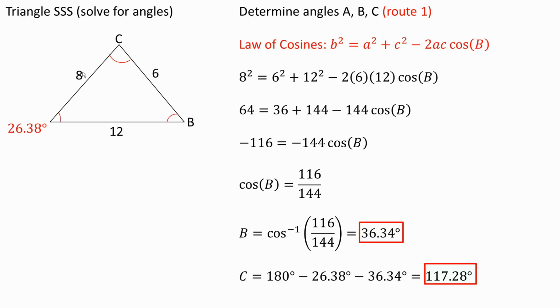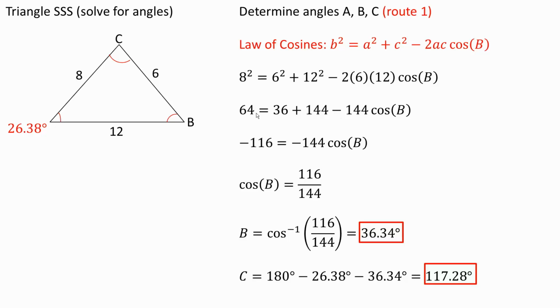So we would get 8 squared is equal to 6 squared plus 12 squared minus 2 times 6 times 12 cosine B. And so 8 squared is 64, 6 squared is 36, 12 squared is 144, and 2 times 6 is 12, and 12 times 12 is 144.